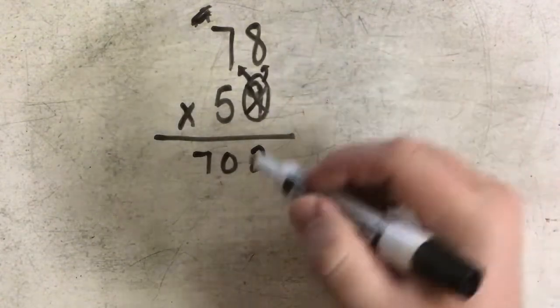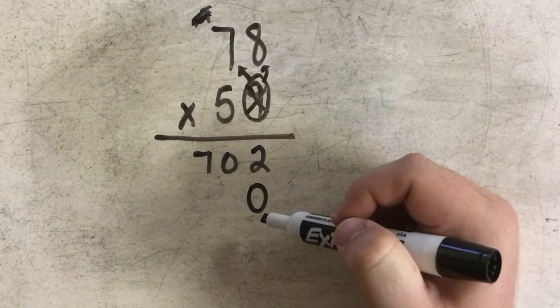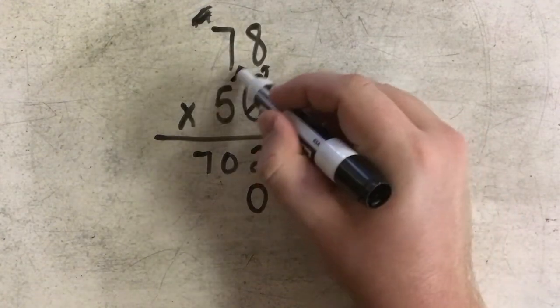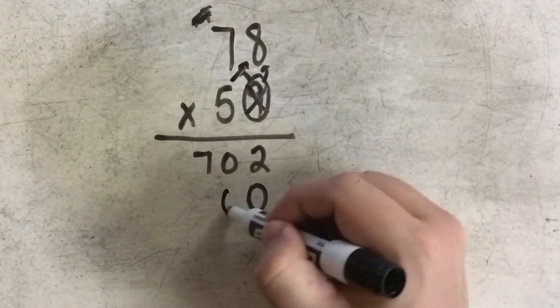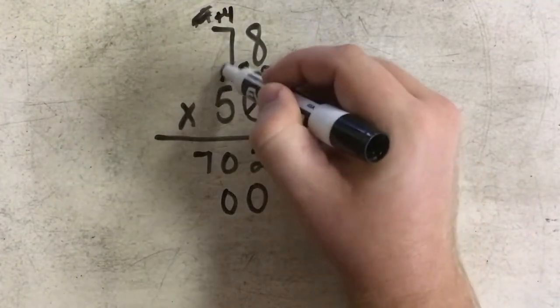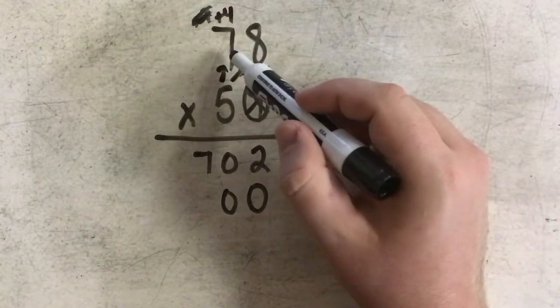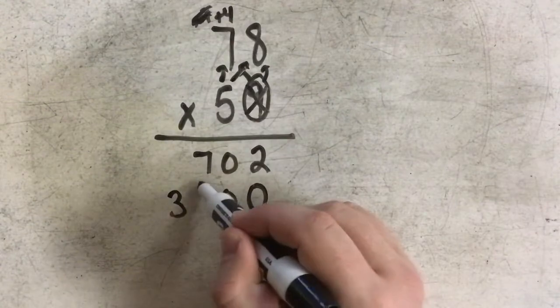So again, I need to make sure that I bring the 0 down below as a placeholder, and then I can continue multiplying 5 times 8, which would give me 40. 0 down here, plus 4 on top. And then 5 times 7 would give me 35, plus 4 would give me 39.